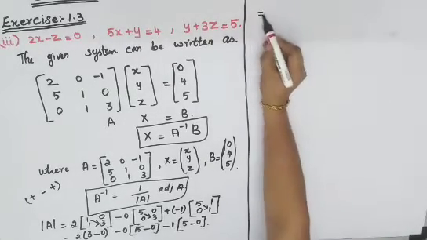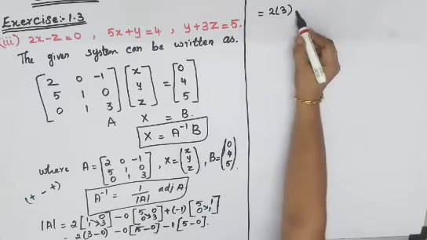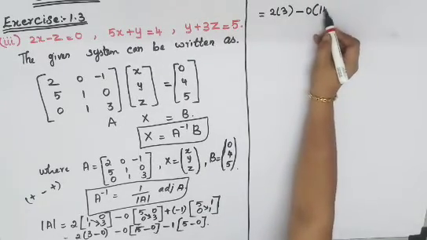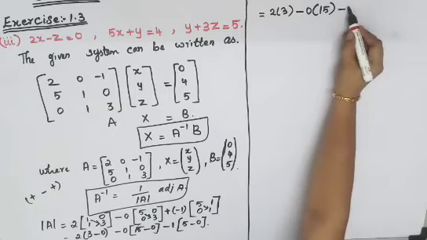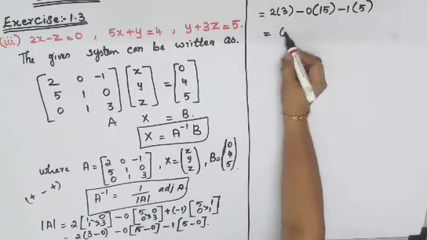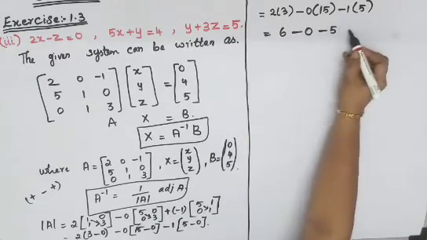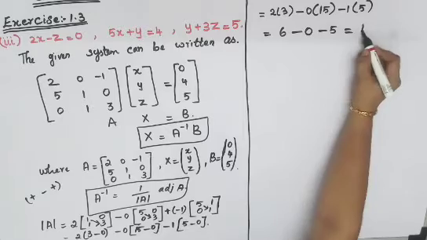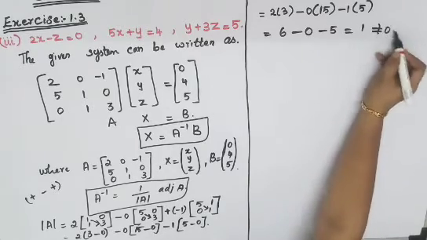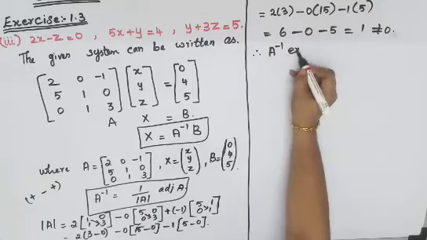So that is equal to 2 into 3 minus 0 into 15 minus 1 into 5. That is 2 threes are 6, minus 0, then minus 5. So 6 minus 5 is 1, which is not equal to 0. Therefore, you can declare that A inverse exists.